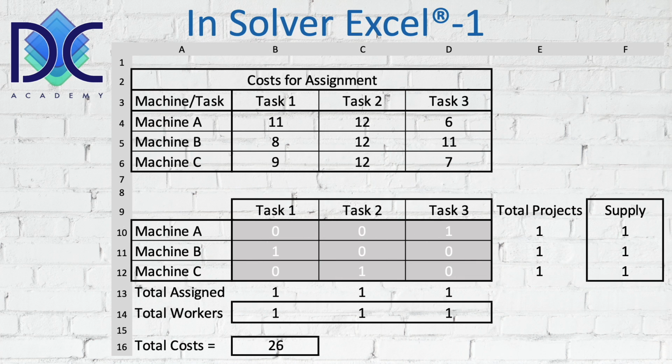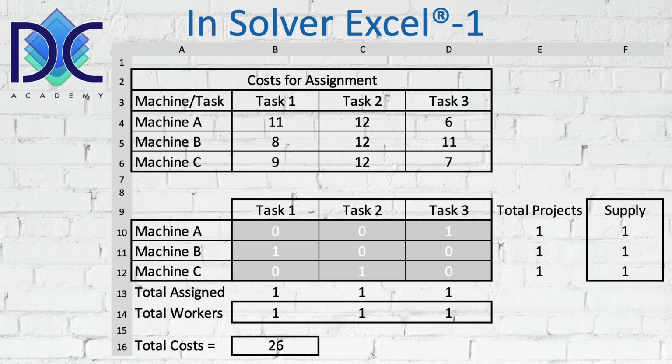We would have found the same thing with the Hungarian algorithm. So we find that the cost is 26. Machine B is allocated to task 1, machine A to task 3, and machine C to task 2.